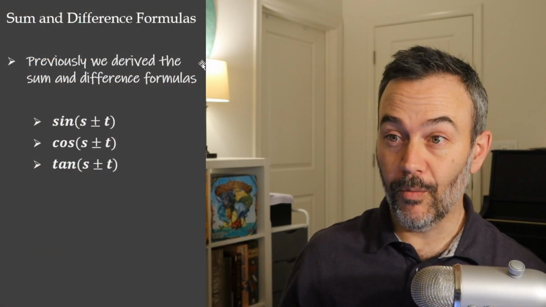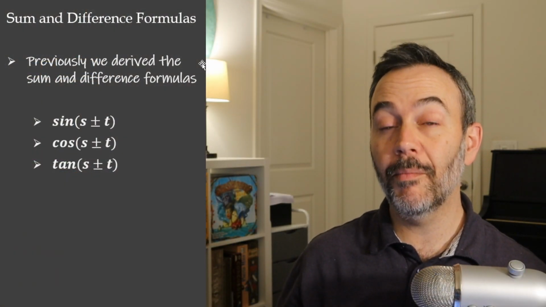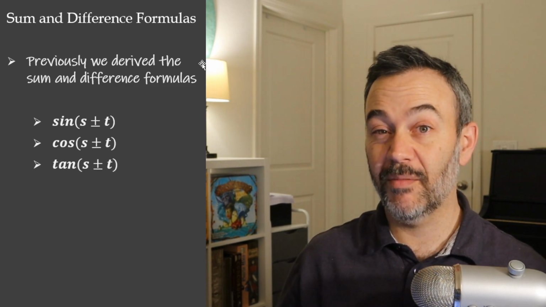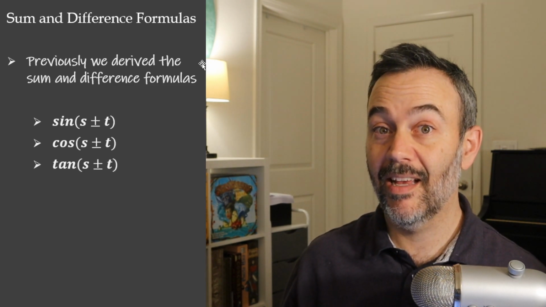All right, so we're doing this as a video lesson, and the section we're doing from our textbook is 7.3, which is the half angle formulas and the double angle formulas. In the prior lesson, we went through the sum and difference formulas. So sine of s plus t, sine of s minus t.